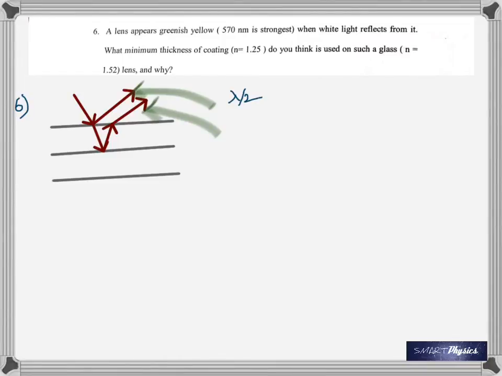Now, another thing that you have to understand here, and that's very important, is this reflection is taking place when the light is trying to go from less dense to more dense. Therefore, there will be an additional path jump of lambda by 2.